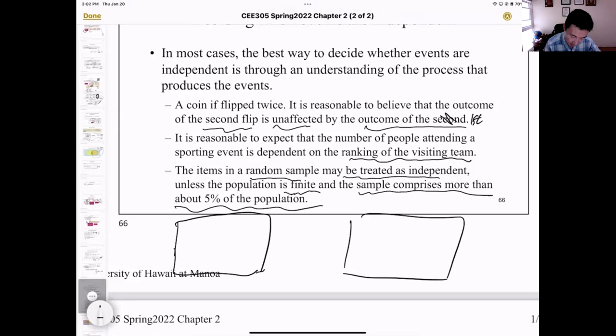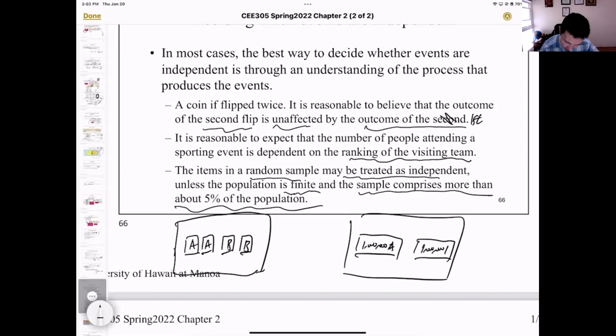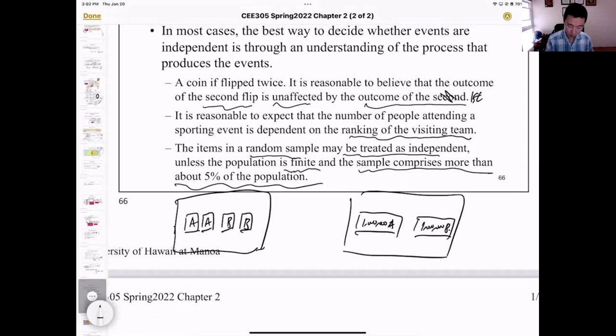One is we have 2 A's and 2 B's. The other is we have 1 million A's and 1 million B's. We pick two from each of these two cases.